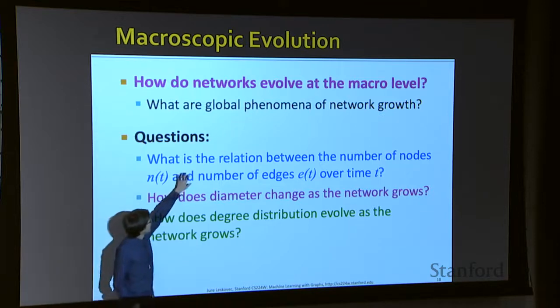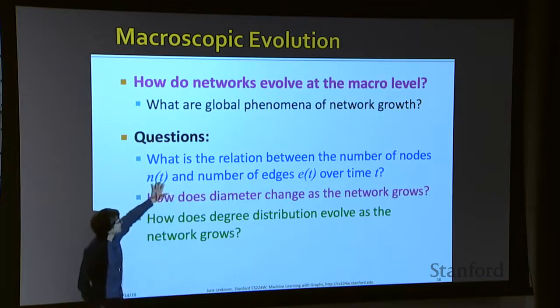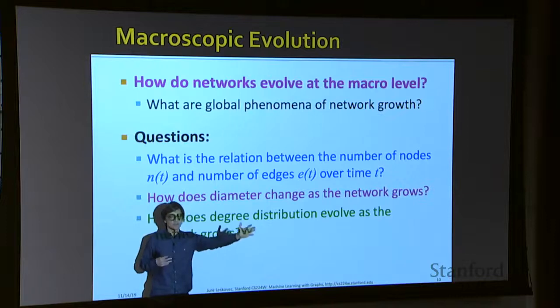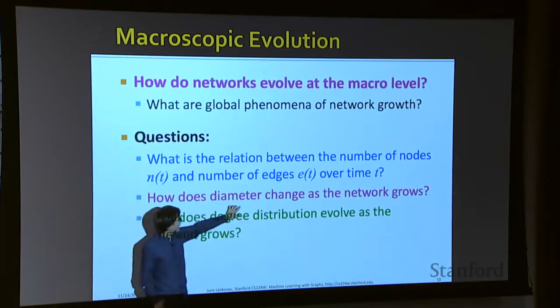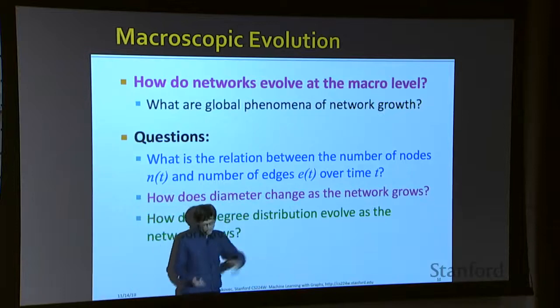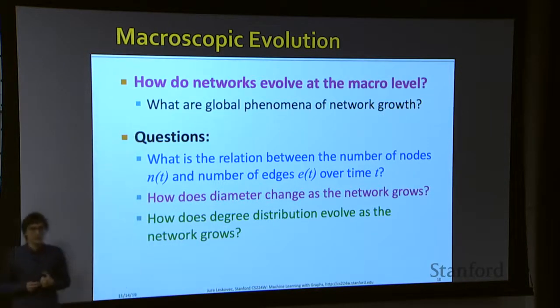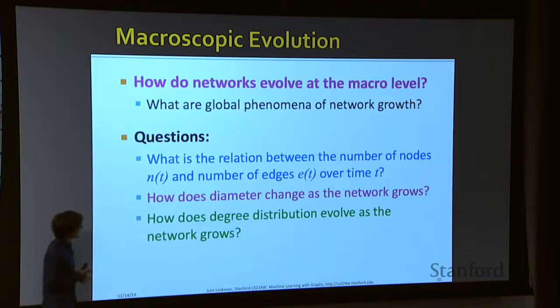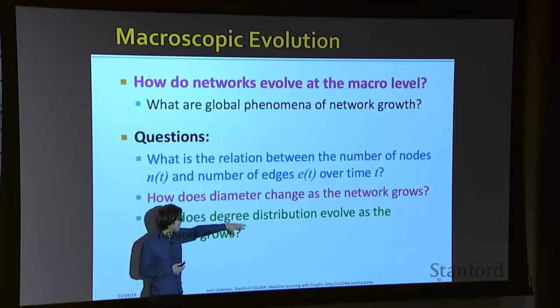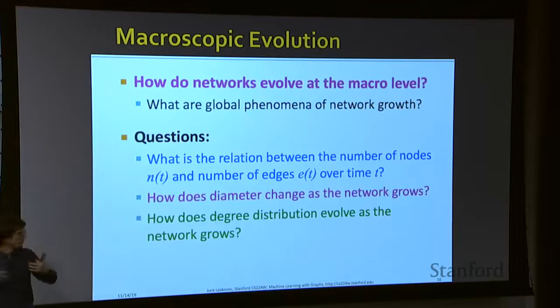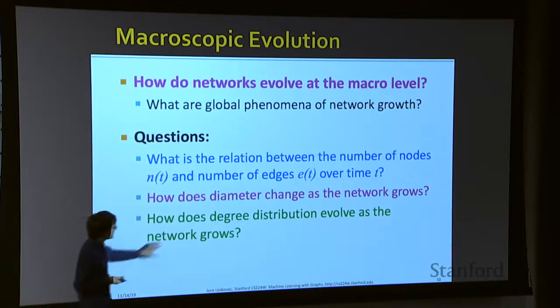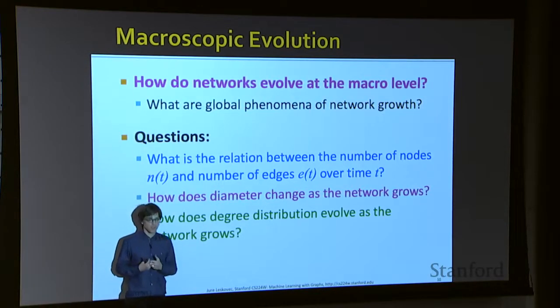I asked, what is the relation between the number of nodes and the number of edges over time? Like something super basic, right? And then the second one was, how does the diameter of the network change as the network grows, right? And then as a follow-up, we also asked, how does the degree distribution of the network change over time?